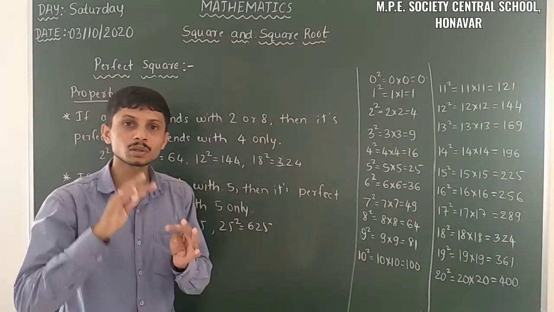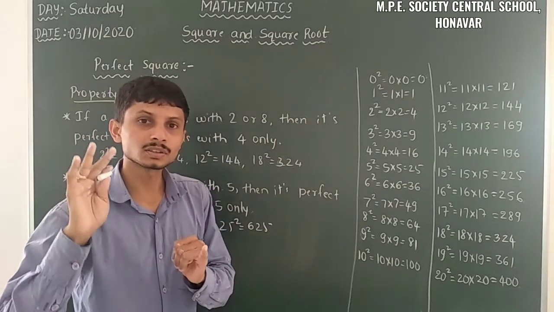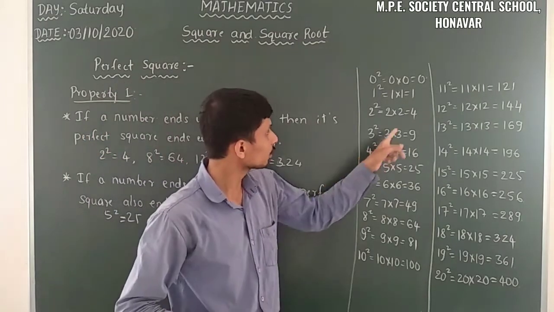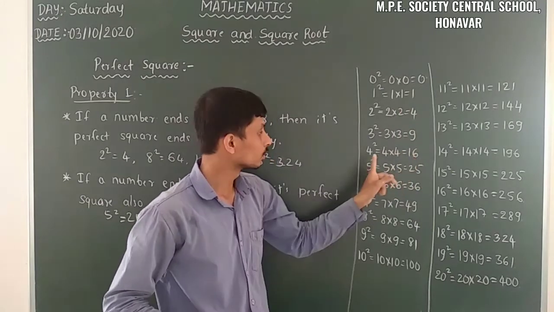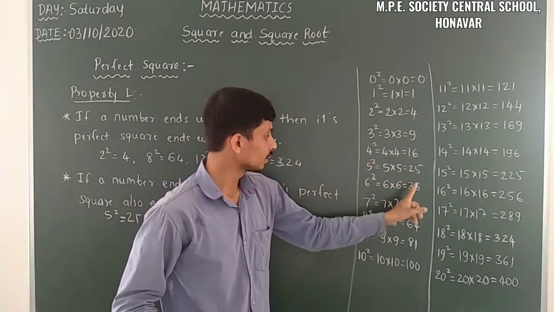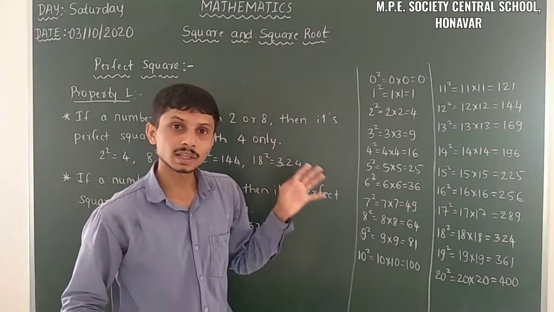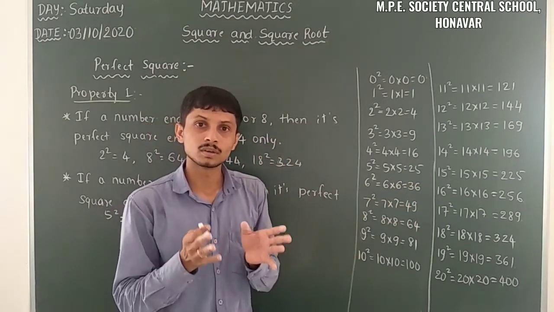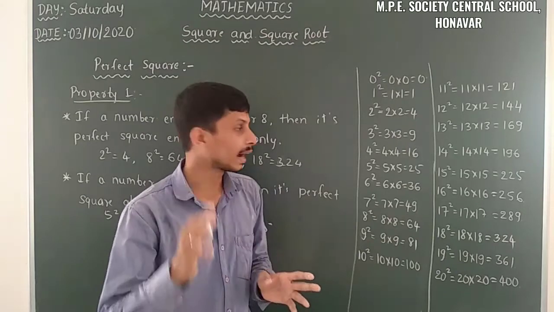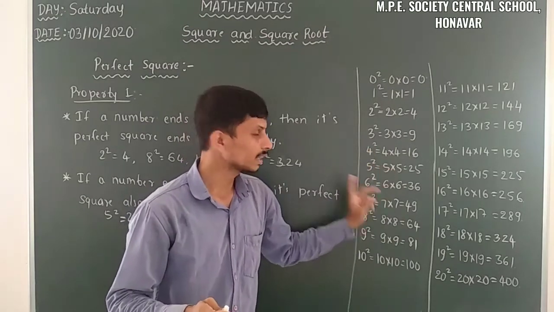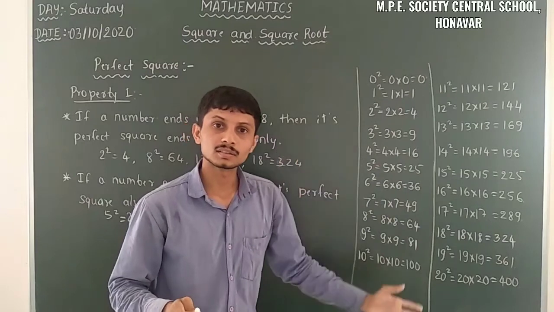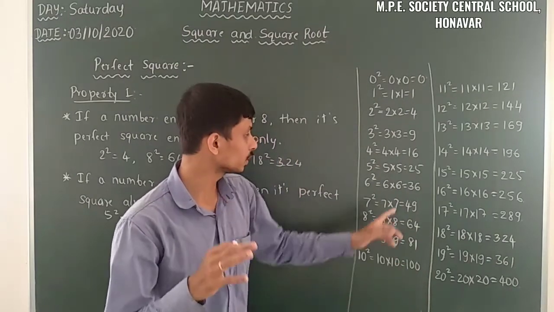Here 0 is over, 1 is over, 4 is over, 5 is over. So then let us take 6. Just observe where 6 is here. 6 is there, 4 is the possibility. Then here also 6 is there. That means 6 is also one of the possibilities. So when a number ends with 4 or 6, then its perfect square ends with 6.